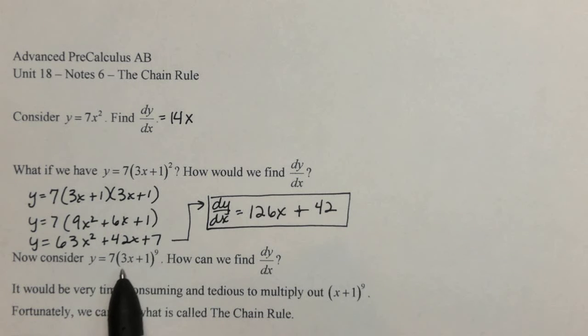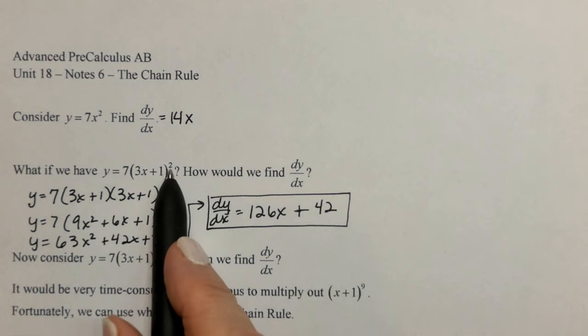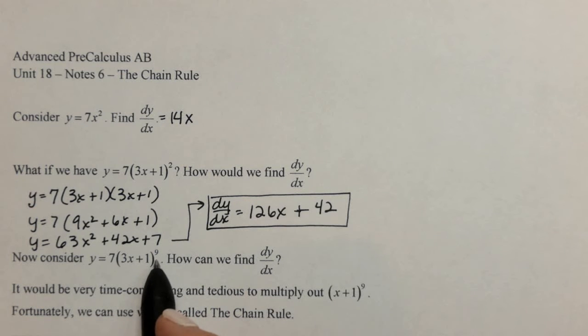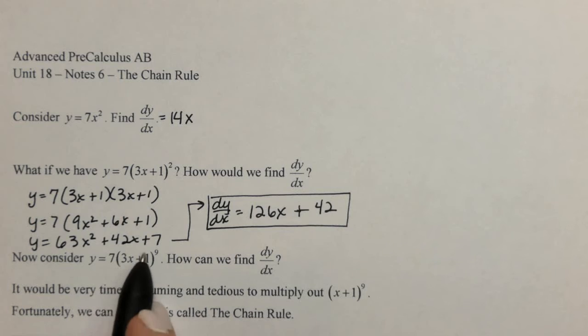What if we had 7 times 3x plus 1, instead of being squared, what if we had it raised to the 9th power? Well, I guess we could multiply this out, multiplying 3x plus 1 by itself 9 times.